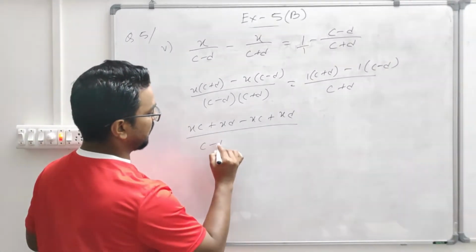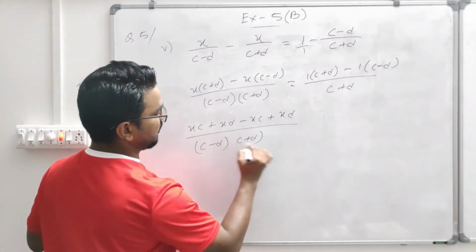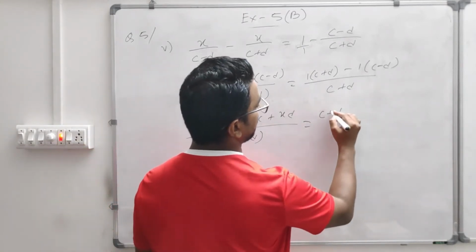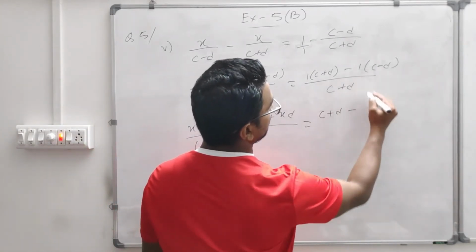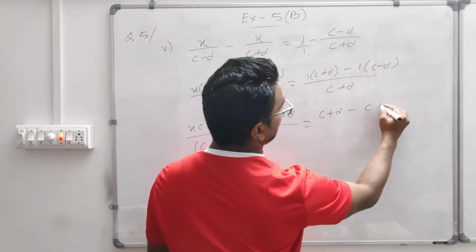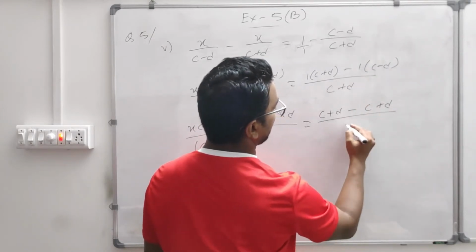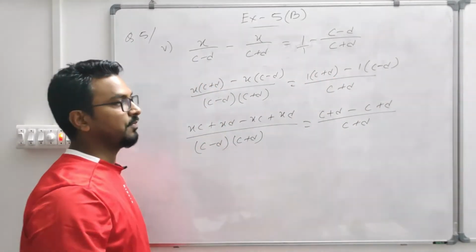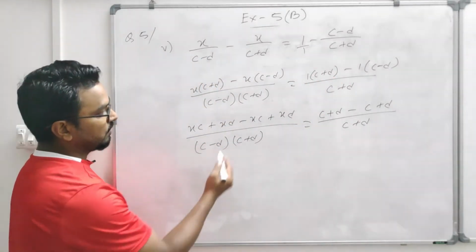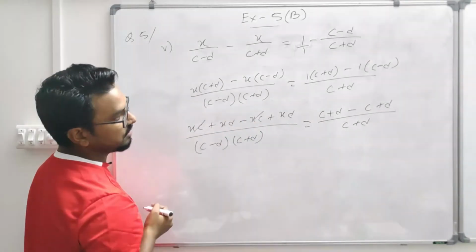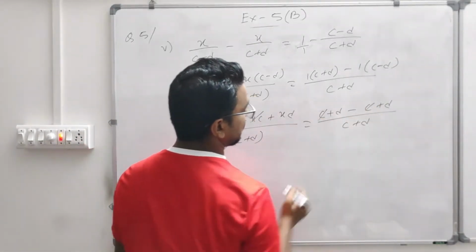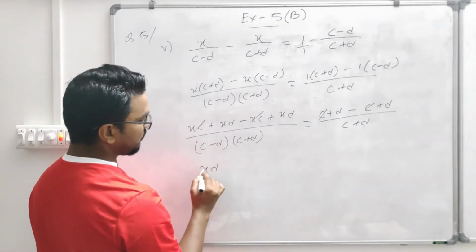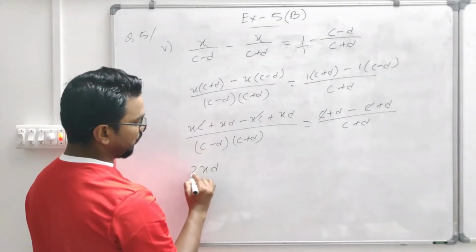So c minus d, c plus d, and here c plus d minus c minus minus, it will become plus d. I'm doing it directly, because if you multiply by 1, the value will remain the same. Next, you can cancel these two, and here also you can cancel these two. So what will remain here? xd plus xd, 2xd.